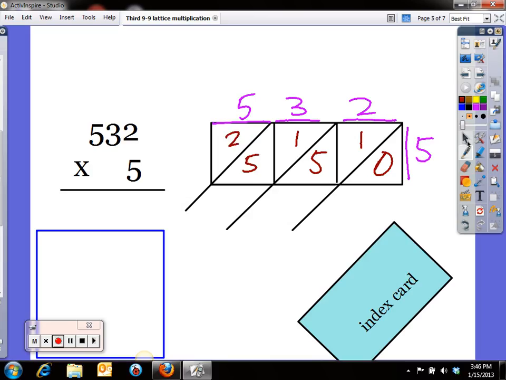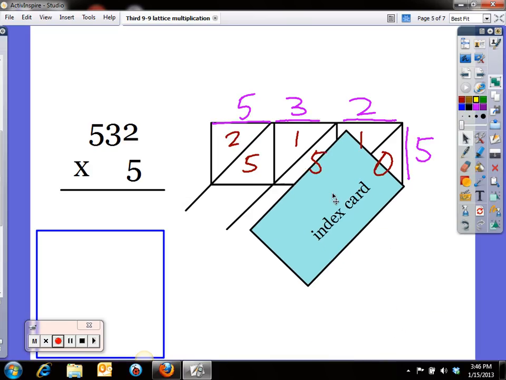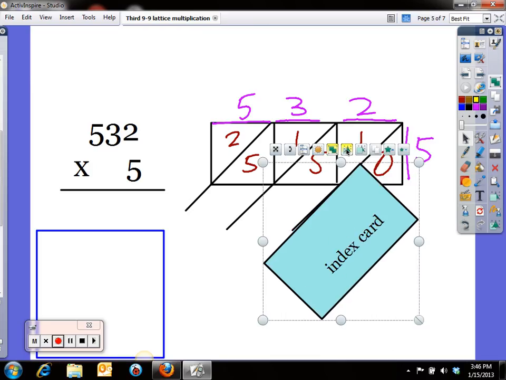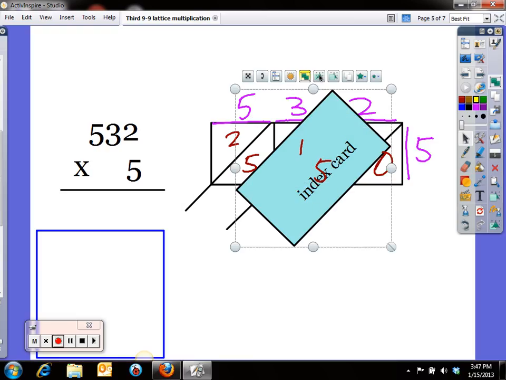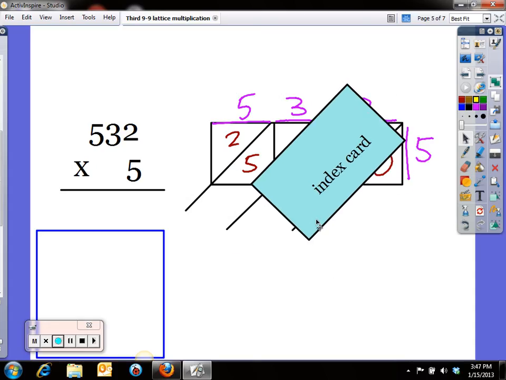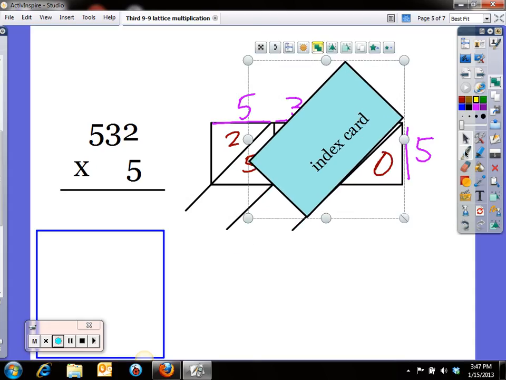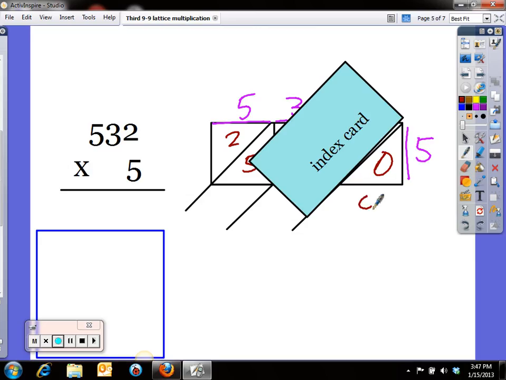I'm going to use my card if I need it, and I'm going to add on the diagonal. Okay. So I'm going to start on the right-hand side. I've got 0 and nothing else, so that comes down.